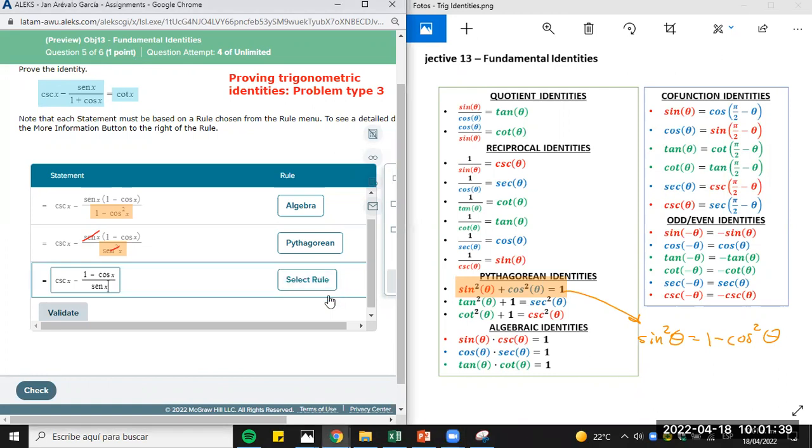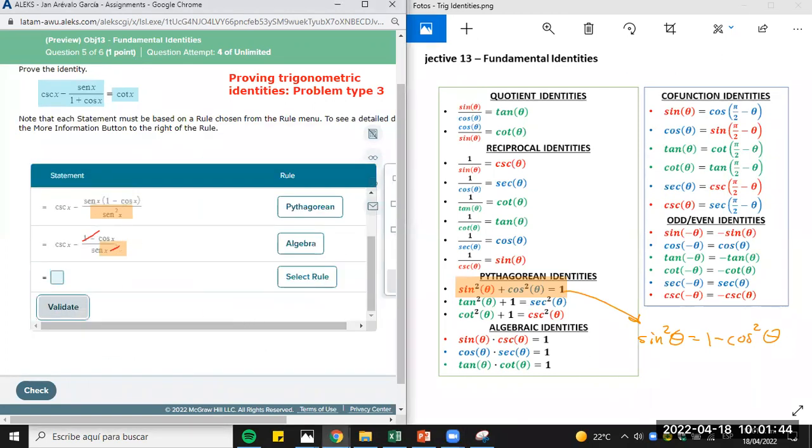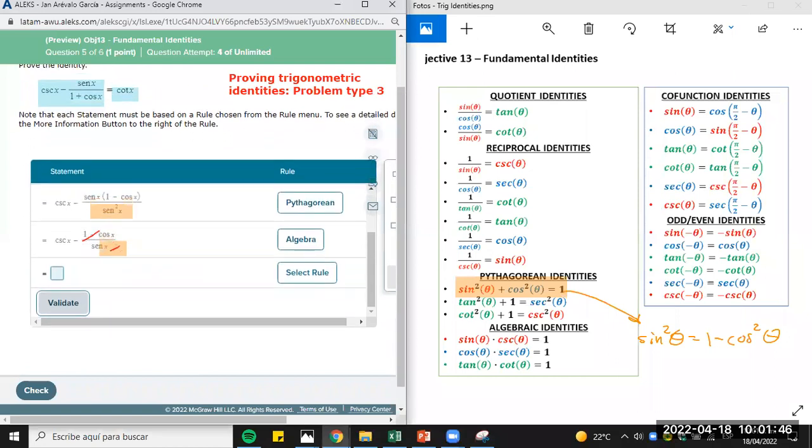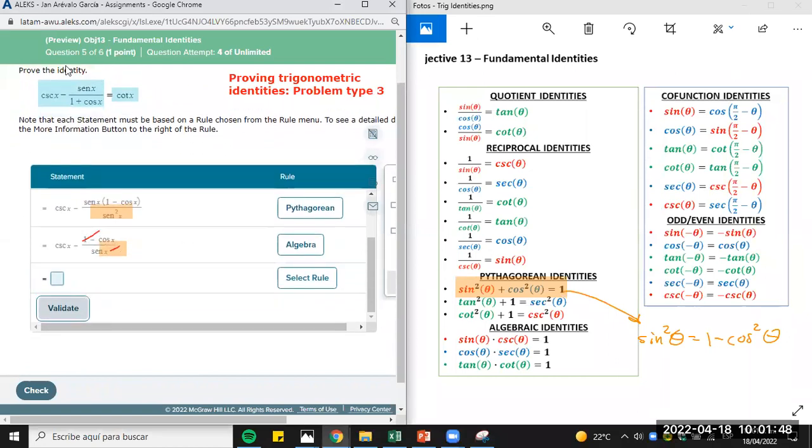That is just an algebraic manipulation. Validate. Oh boy, I moved everything. Yeah, so this will go up and this will be raised.